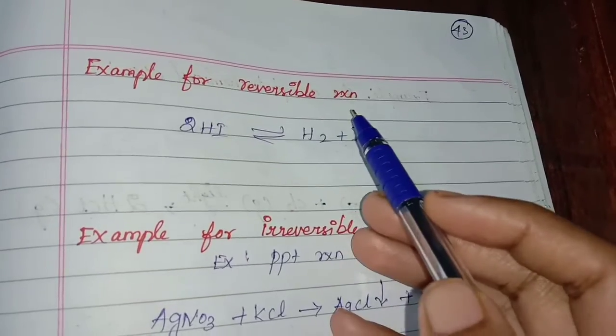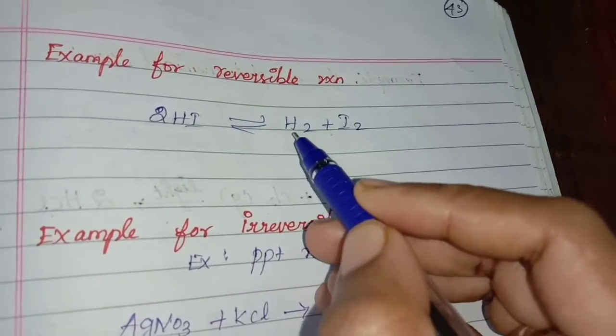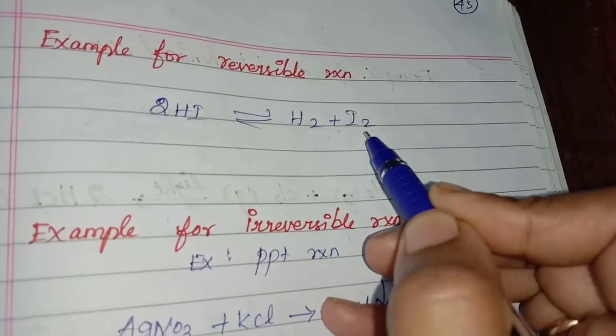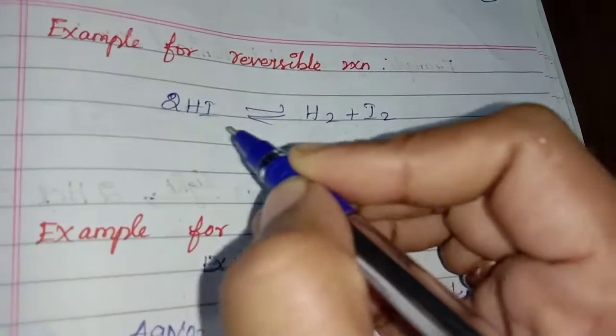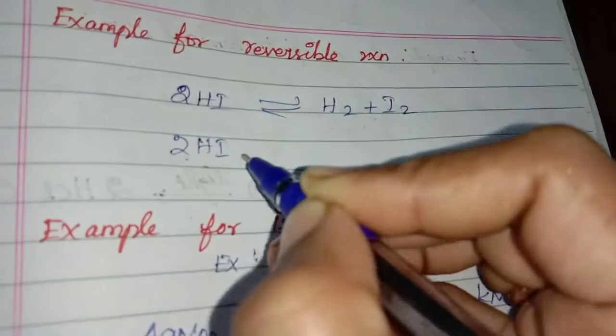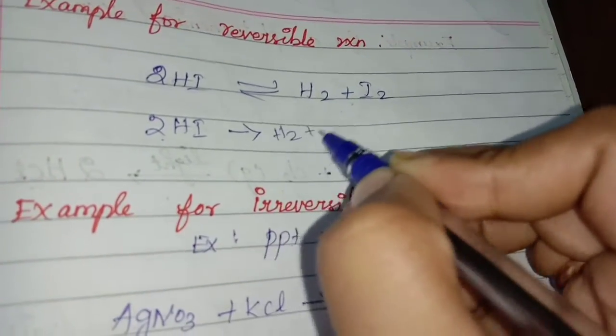Example for a reversible reaction: we take hydrogen iodide, and it decomposes into hydrogen plus iodine. Then again this hydrogen and iodine react with each other and give hydrogen iodide. So this is an example of a reversible reaction. First this reaction gives hydrogen plus iodine.